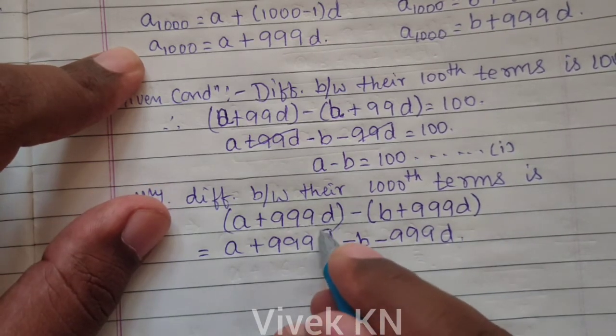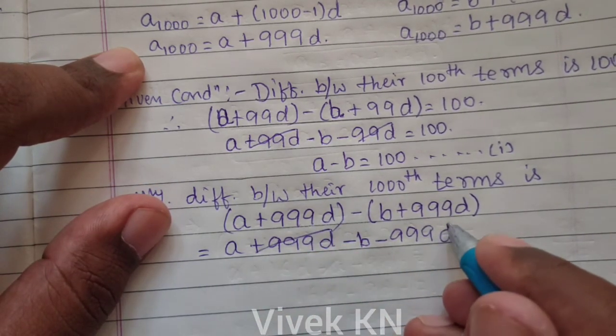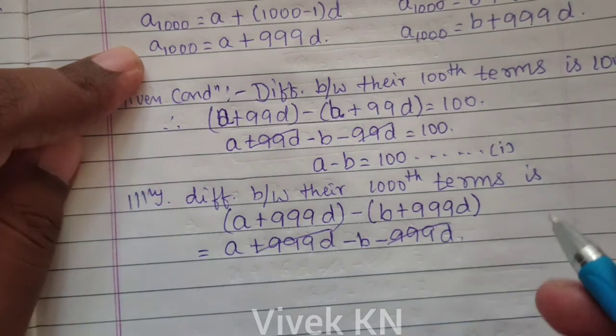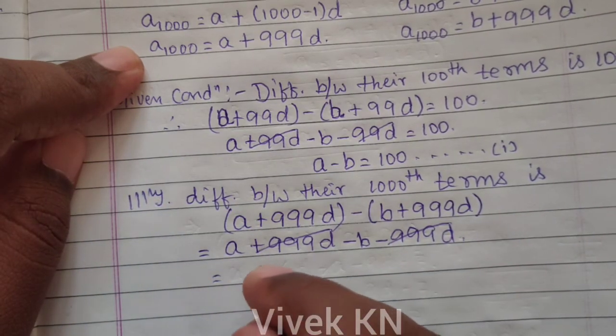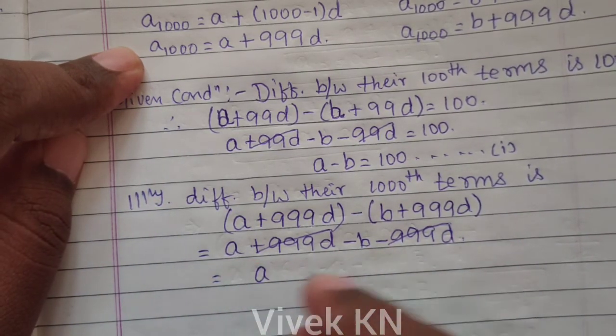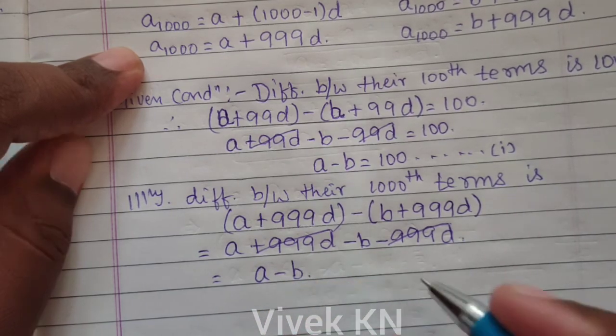Here plus 999D minus 999D gets cancelled, and the remaining answer is A minus B.